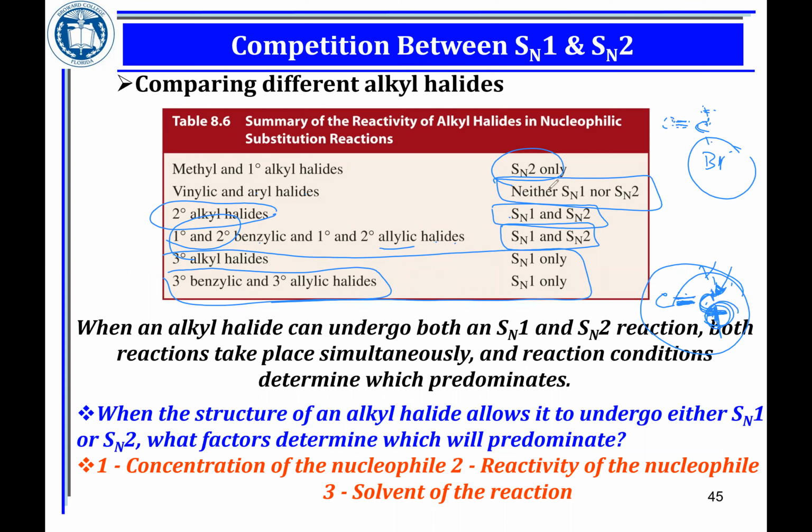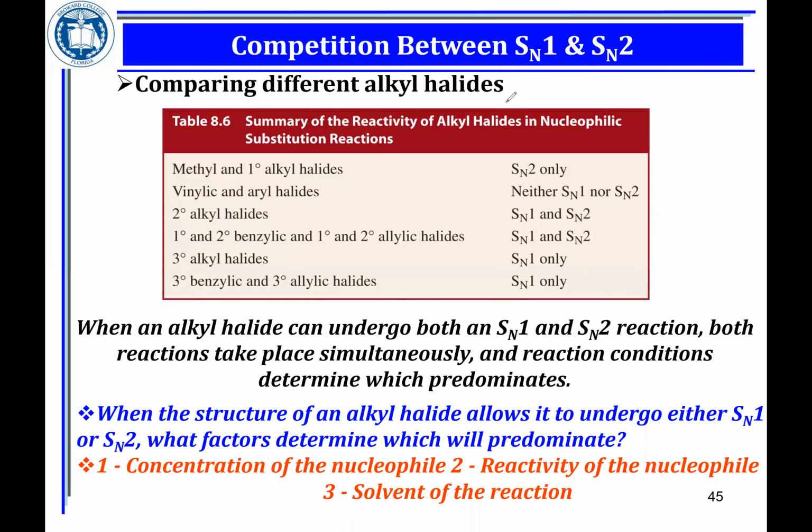So, what is either or? You don't want to have two products. You don't want to have a mixture of products. The more direct or the more strict the mechanism of the reaction, the less problem you have for purification. So you know which product you have.